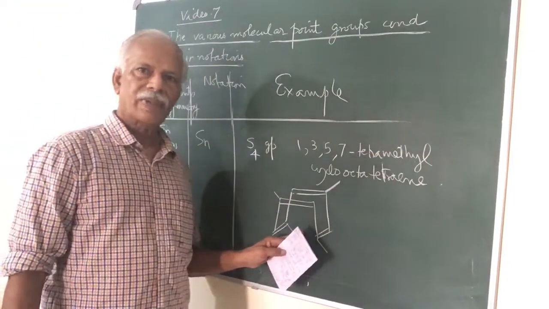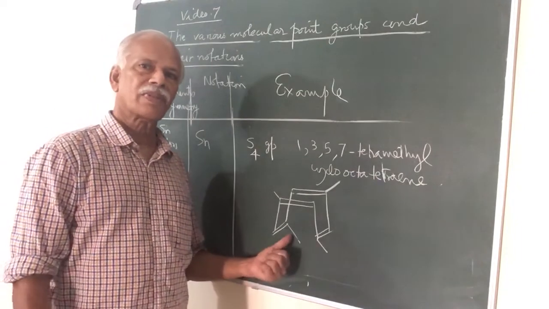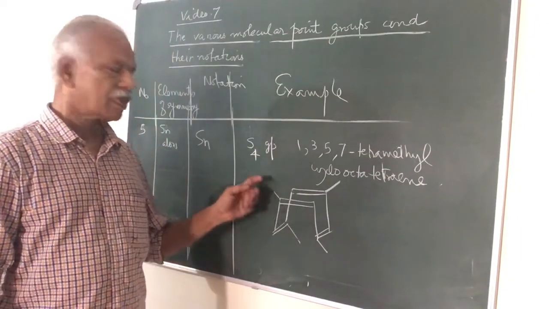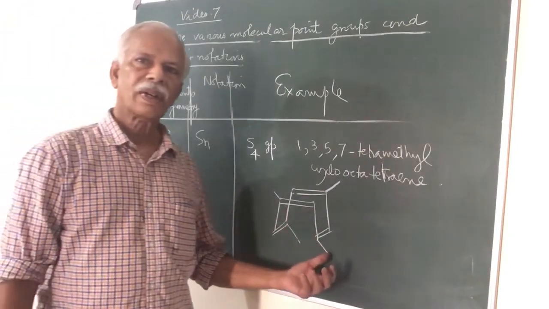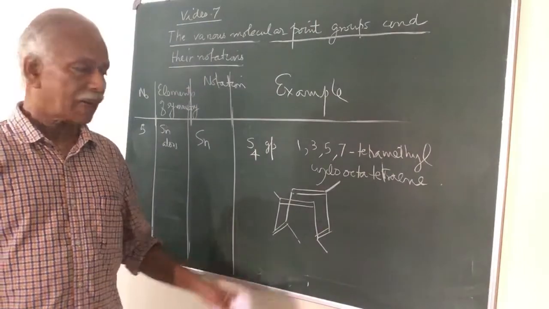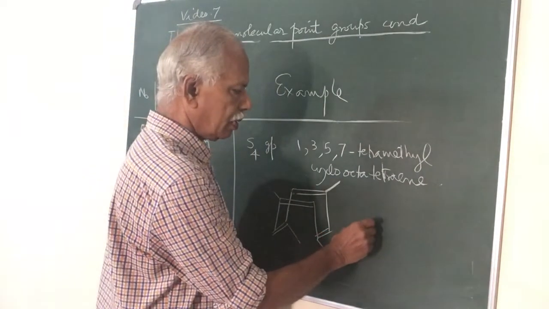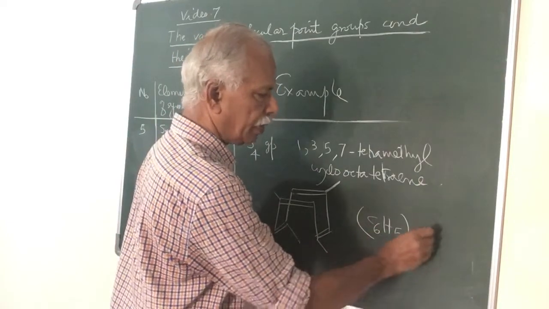It's an interesting example because it has no plane of symmetry or center of symmetry, and just because it has an S4 axis, it is not disymmetric. It is achiral. Another example is tetraphenyl methane.